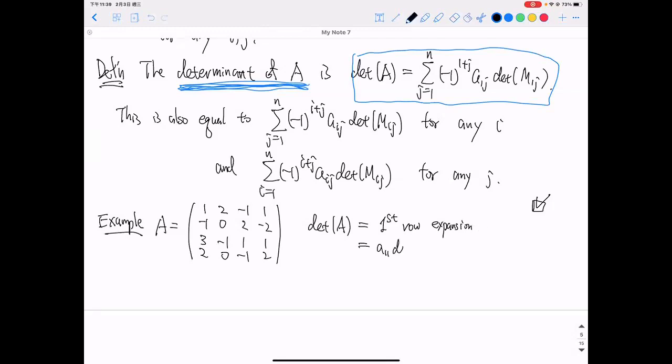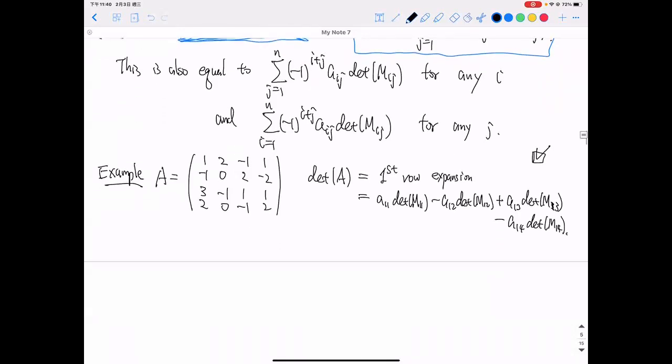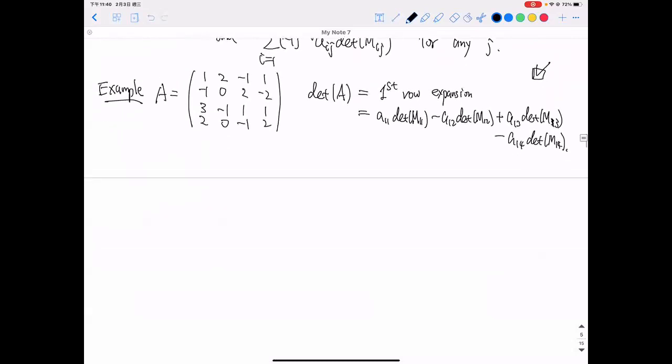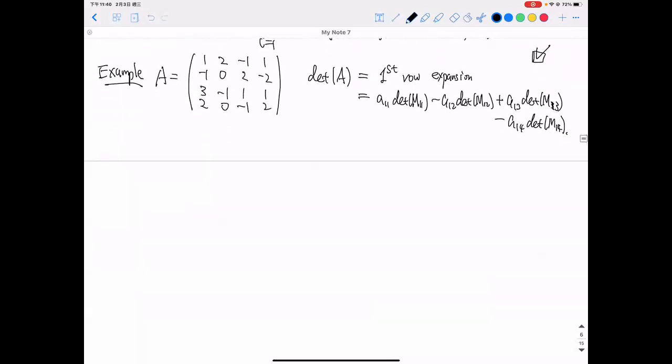A11 determinant of M11 minus A12 determinant of M12 plus A13 determinant of M13 minus A14 determinant of M14. So this is what we need to compute.